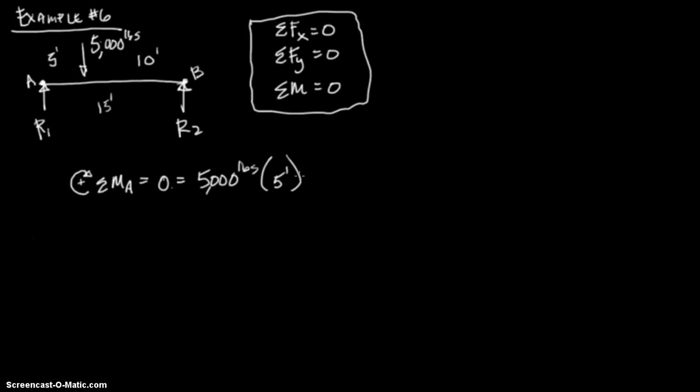And then we will also have plus, we don't have anything else except R2, and that is at 15 foot. But since it's going to be negative, we have to make this negative. That's what you got. 5,000 times 5, that should be 25,000 foot-pounds.